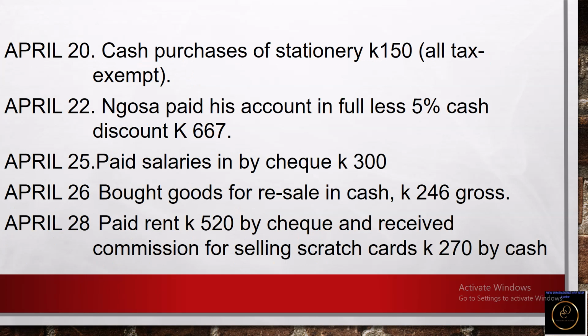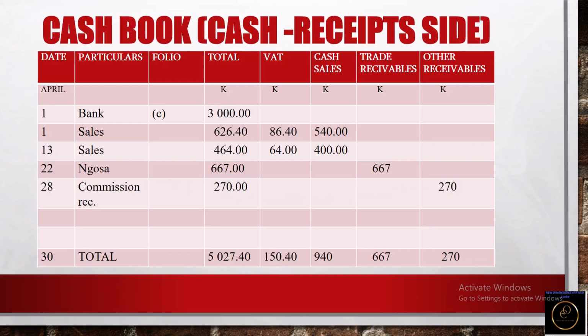So let's look at the cash book, the cash receipt side. Okay, so what happened is that we received how much? 540. Because this cash book is analyzed, it has columns to take care of the various items on which cash is received.